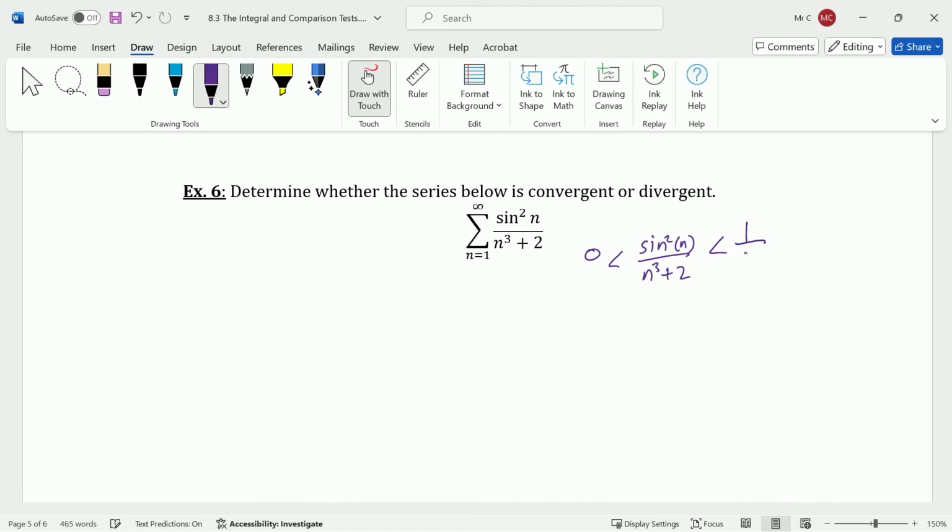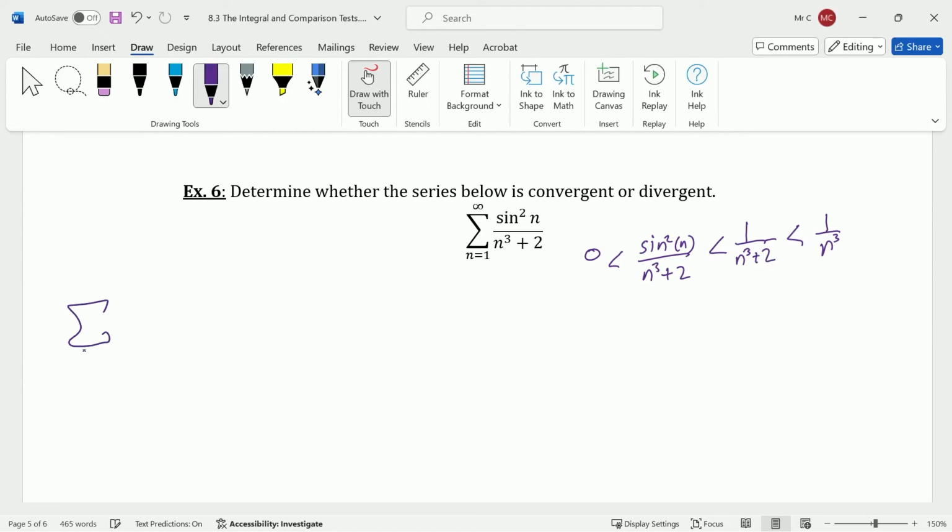So I can simplify this a bit by comparing it to 1 over n cubed plus 2. And here, I'm adding 2 to the denominator, so if I get rid of that and I just look at 1 over n cubed, bigger denominator is a smaller number. So that means that sine squared of n over n cubed plus 2 is less than 1 over n cubed.